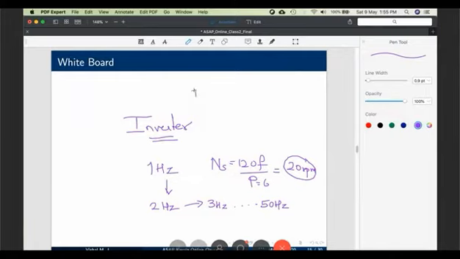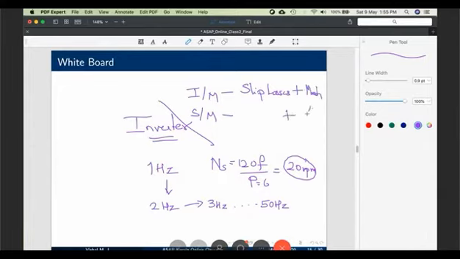See, comparing an induction machine and a synchronous machine, the stator is the same for both of them. The only difference comes in the rotor circuit. So what are the losses in the rotor circuit of an induction machine? You have slip losses plus other mechanical losses. How about a synchronous machine?